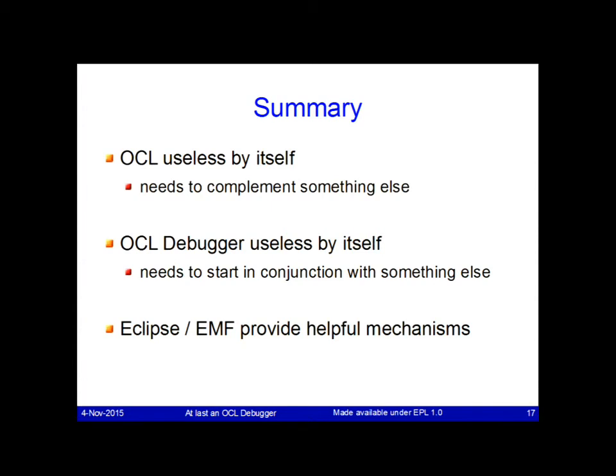Certainly the OCL debugger as it exists today is not perfect. There are plenty of opportunities for doing more, but something is vastly better than nothing. If your source comes from Complete OCL, then if you give the debugger a little bit of help by putting in new lines, you can do line stepping rather than term stepping, which is more satisfactory.